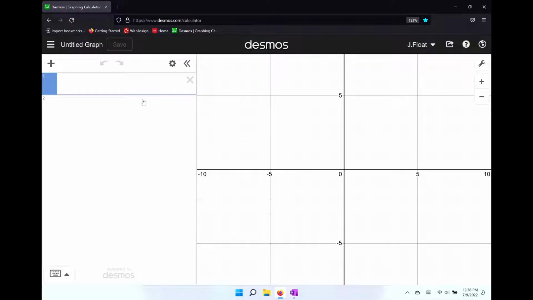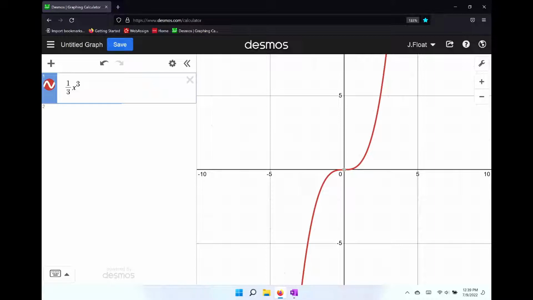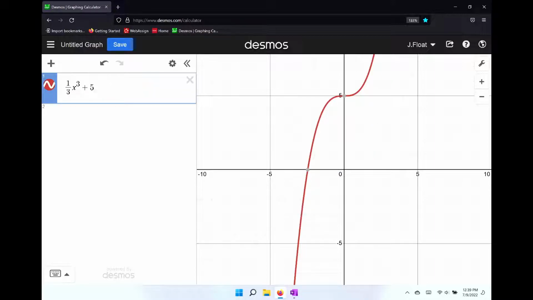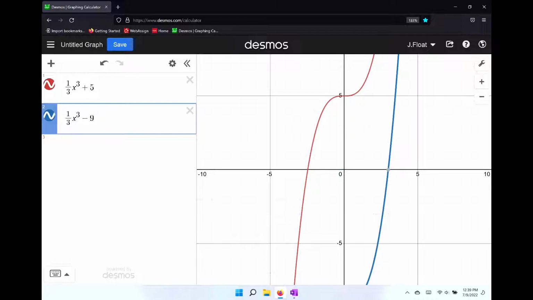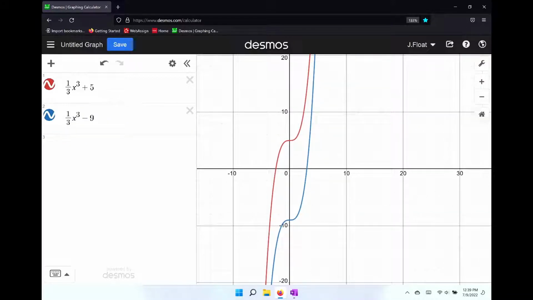I'm just going to plot 1/3 x to the third real quick. Notice that if you have 1/3 x to the third plus 5 and you took that derivative, you still get x squared. If you did the same thing, but instead of plus 5 you used minus 9, you will still get the same exact derivative.